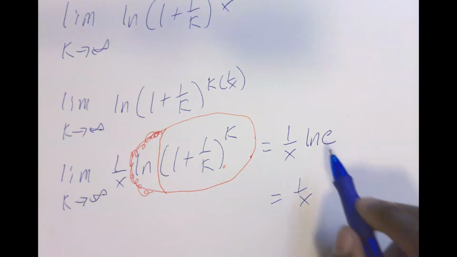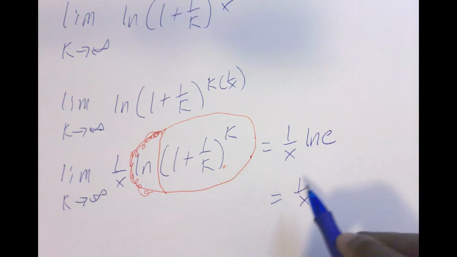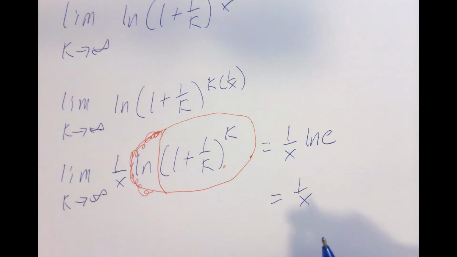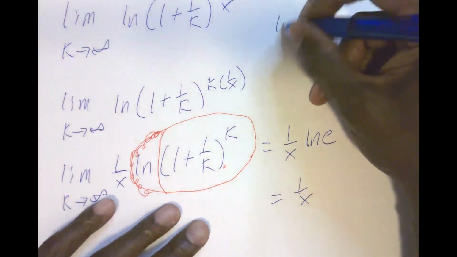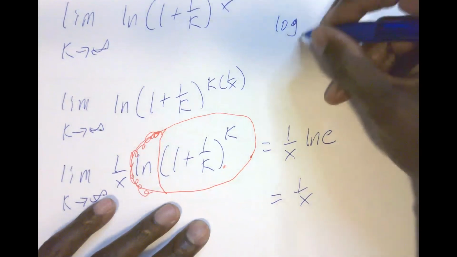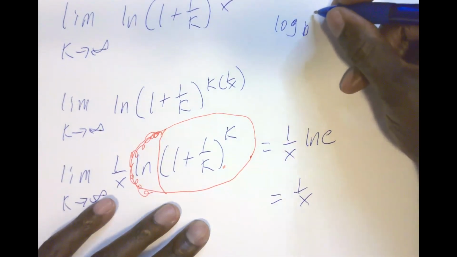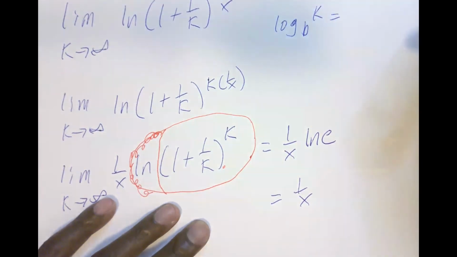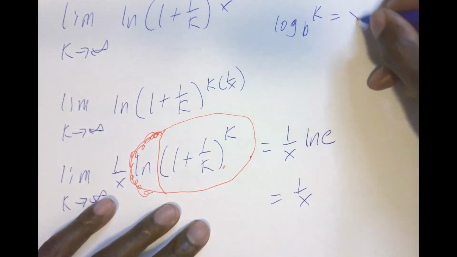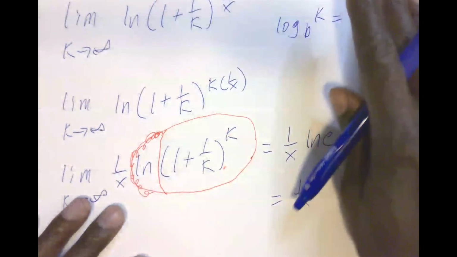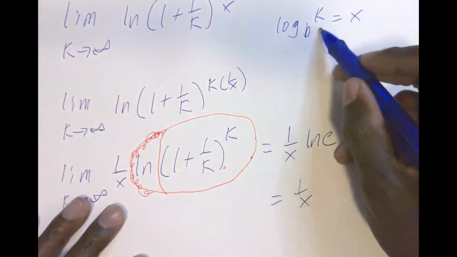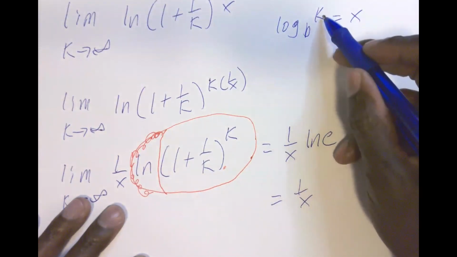And if you have a problem understanding why ln e equals 1, remember logarithms were born to find exponents. So just briefly, if I have log base b of k equals x, what this logarithm is trying to find is the exponent that I raised b to in order to get k.